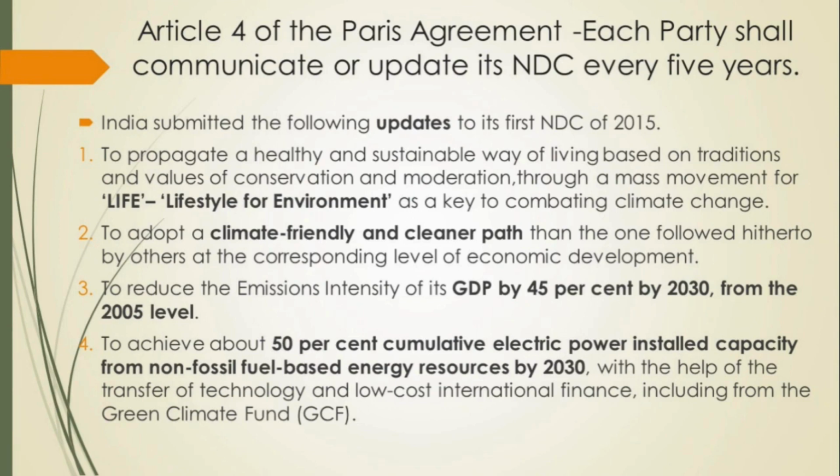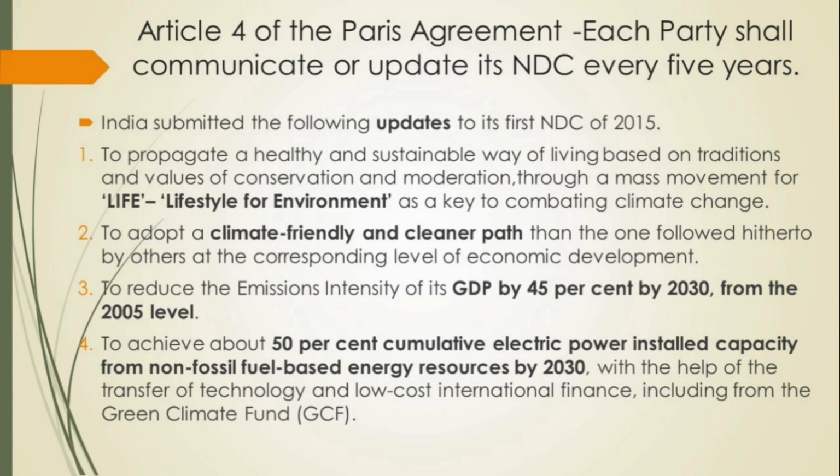So the first update is about LiFE. India said that we are going to start this LiFE mission, Lifestyle for Environment. It is very key to combat climate change. Not only do we want to promote this in India, we also want to promote this outside. Under this, we have started various initiatives. The Prime Minister, in Mann Ki Baat, is saying do not use the ACs in your houses.